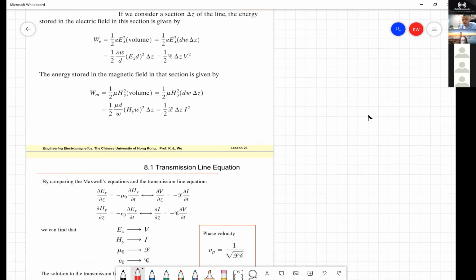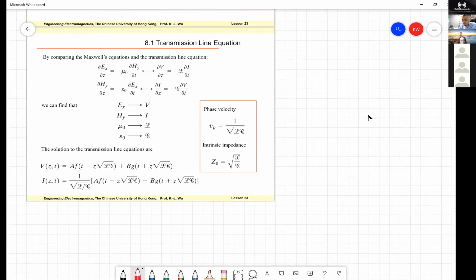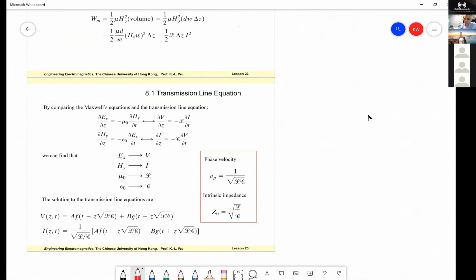That is the same as our circuit theory. Therefore, we can have a comparison of the field quantity and the circuit quantity.